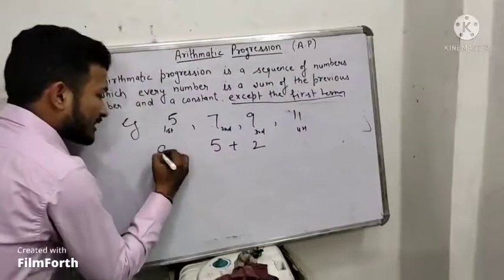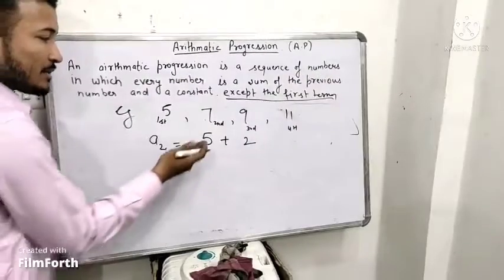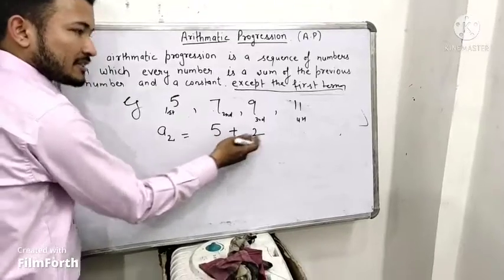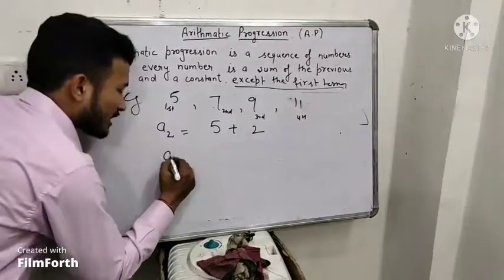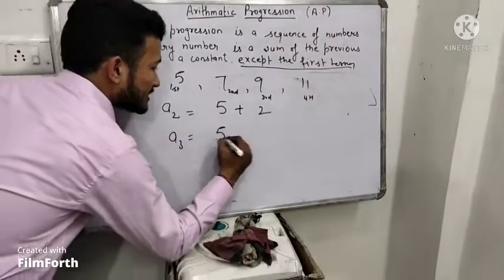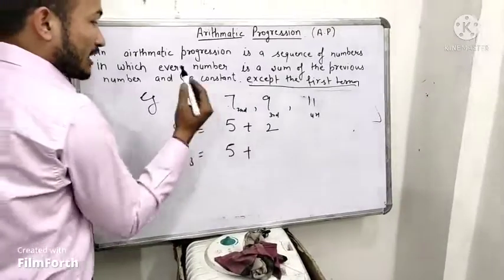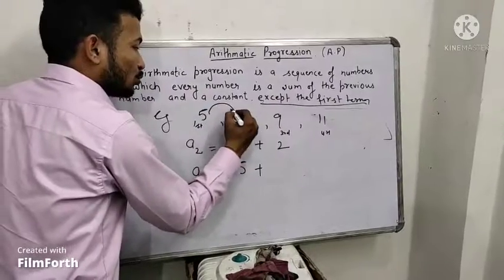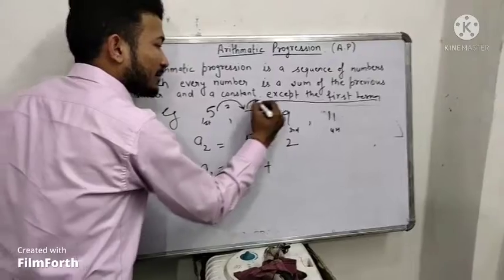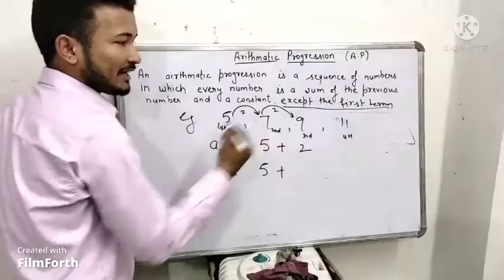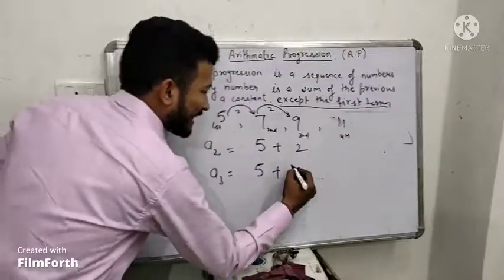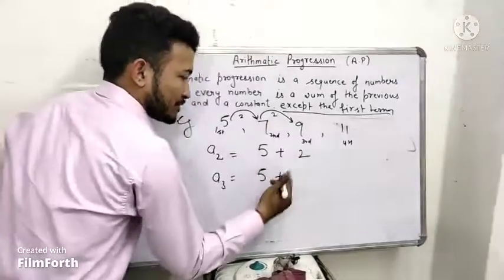Now tell me, what is the second term? The second term is the first term plus the constant. Similarly, what is the third term? The first term plus, when I add 2, I get 7, and when I add 2 again, I get 9. So I am adding 2 two times.